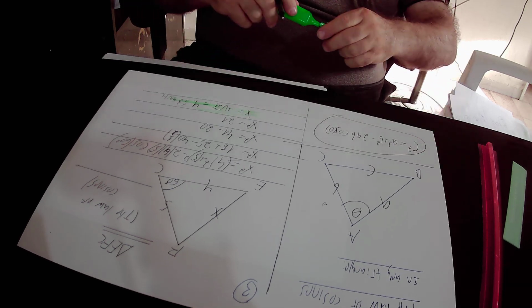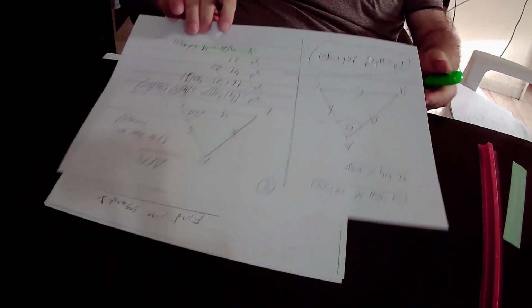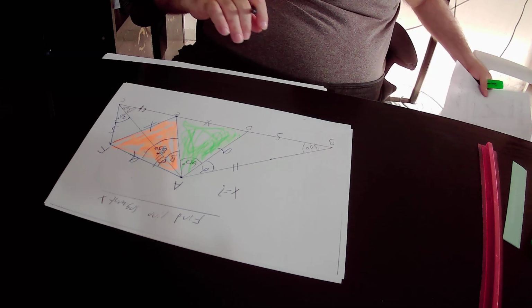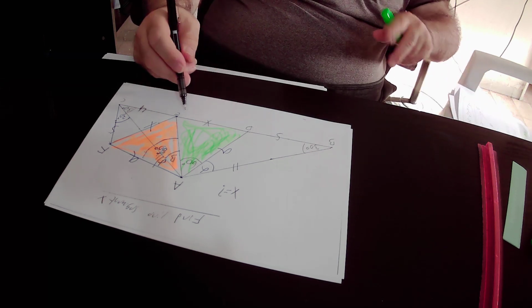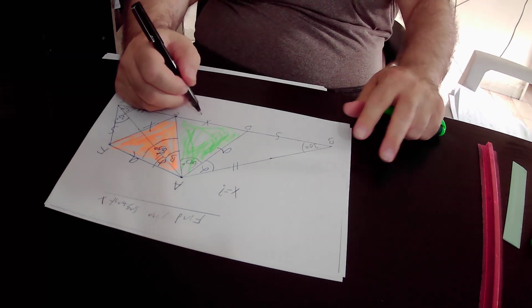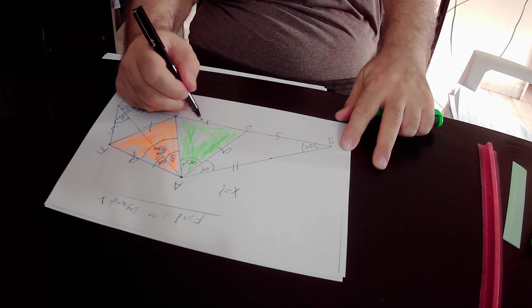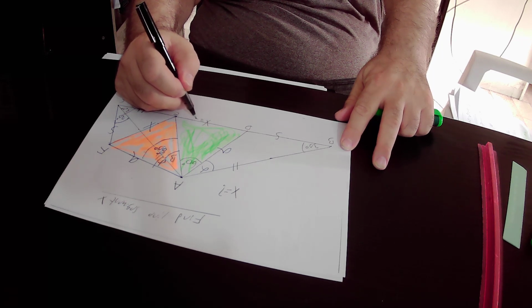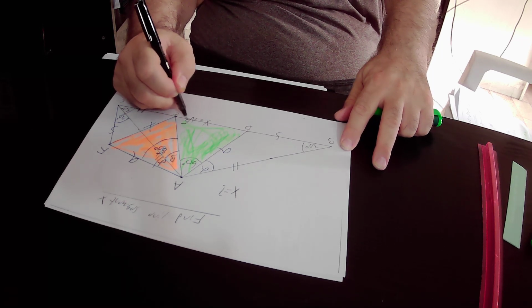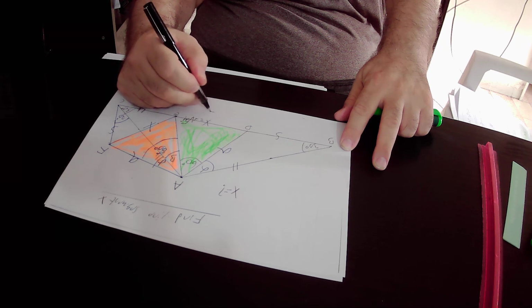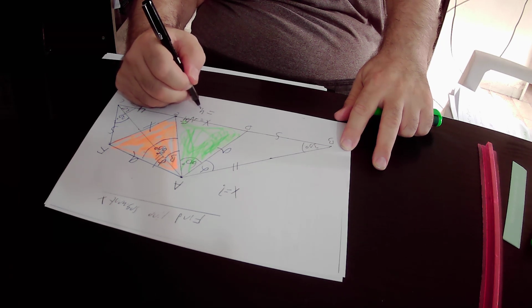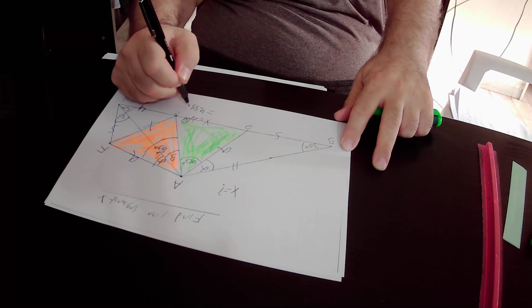I repeat again, I found out that line segment DE, which is equal to x, is equal to the positive square root of 21, or in terms of numbers, 4.58 units.